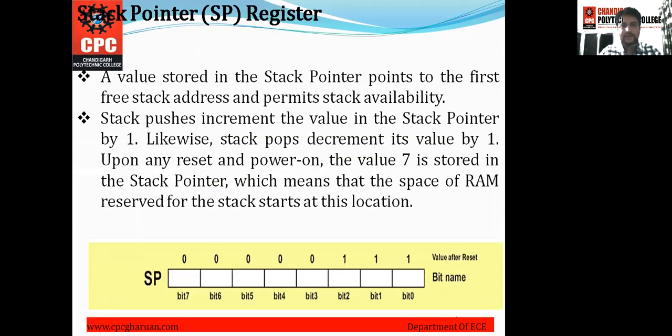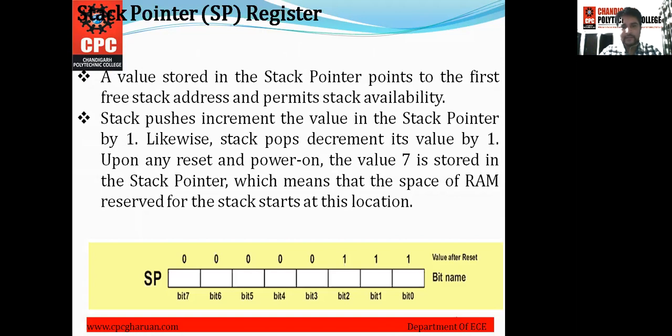Next is the stack pointer register. It is also 8-bit, from bit 0 to bit 7, as you can see in the image. The value stored in the stack pointer points to the first free stack address and permits stack availability. Stack push increments the value of the stack pointer by 1. Likewise, stack pop decrements its value by the same number, 1.